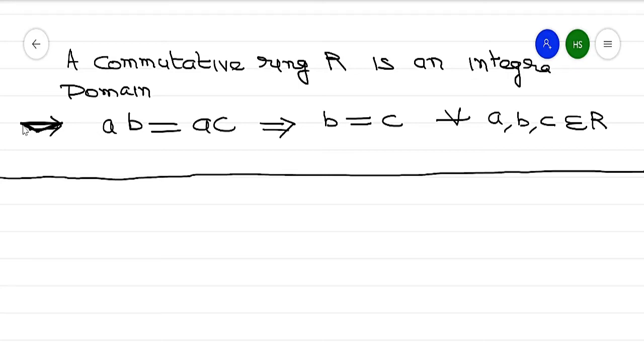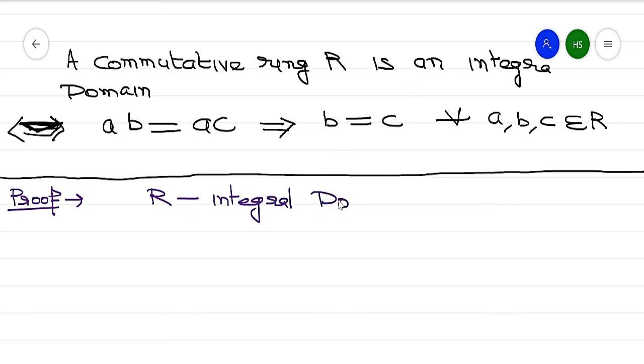Now to prove this result, what is the first part? The first part is that R is an integral domain, so this is given. What it means is that it is a commutative ring without proper zero divisors.